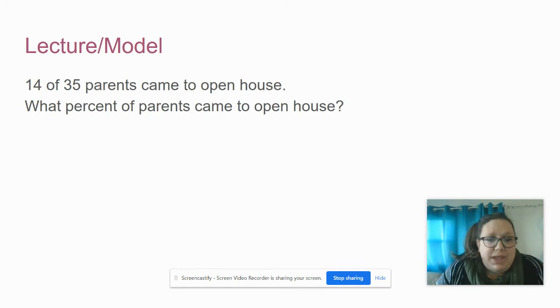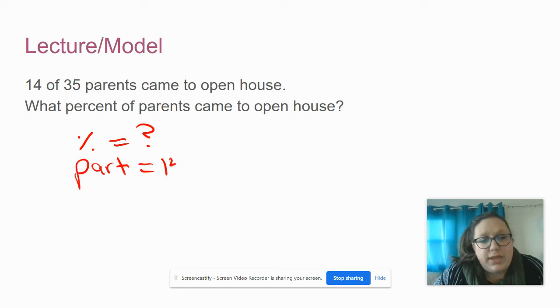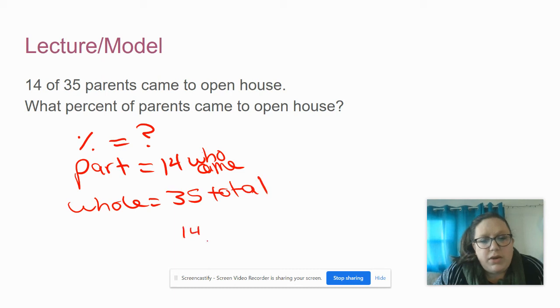14 of 35 parents came to open house. What percent of parents came to open house? So we know that we're looking for the percent here because it's asking what percent. The part is going to be the 14 who came, and the whole is going to be the 35 total. 14 over 35 is something over 100.